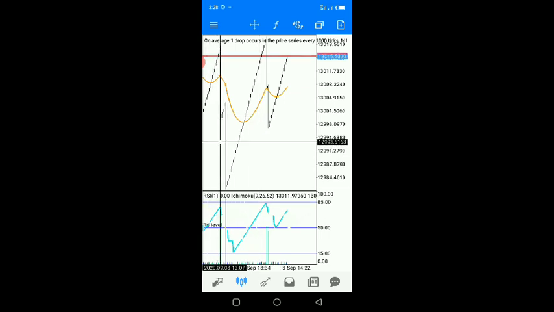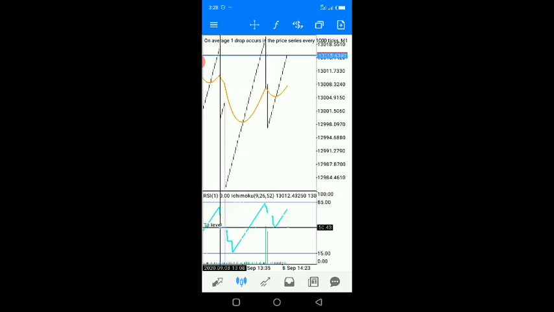The same thing also applies here too. You see the Ichimoku approaching the 85 RSI level, and the market facilitation index was above the 50 RSI level, and we see what happened. The market spiked down.